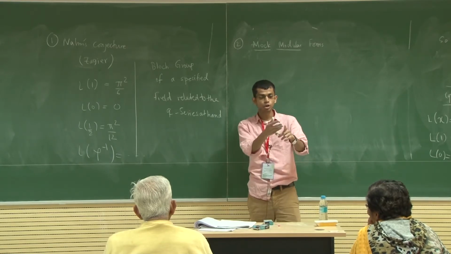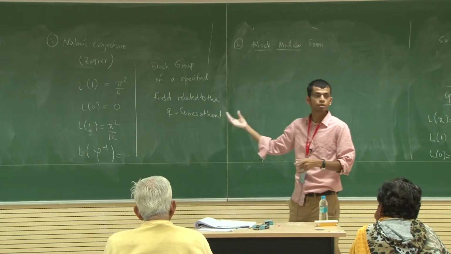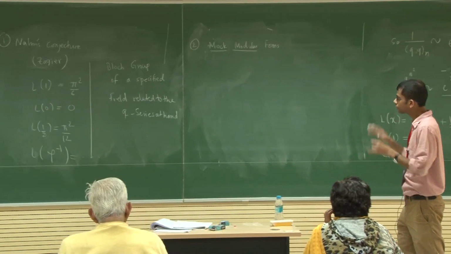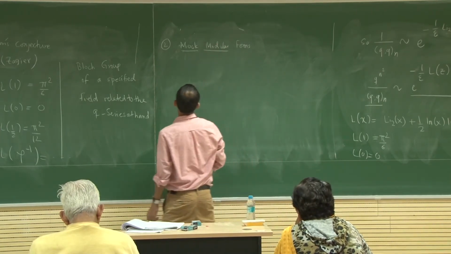Meaning you can always subtract a theta function to get an O(1) term as you approach the root of unity, but by themselves they are not modular. So these are what mock modular forms are.